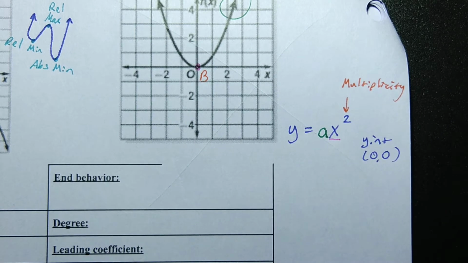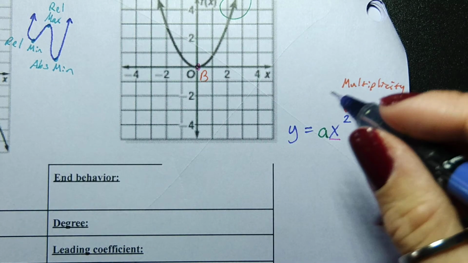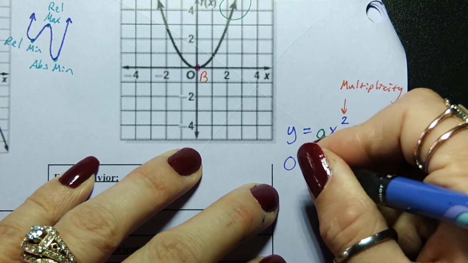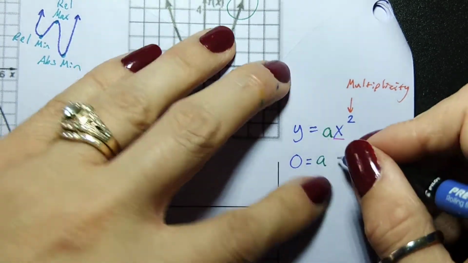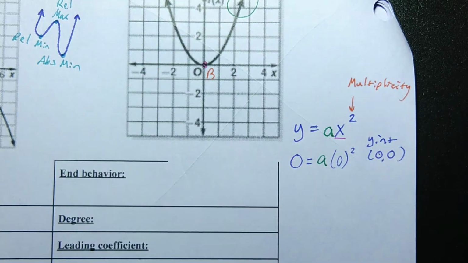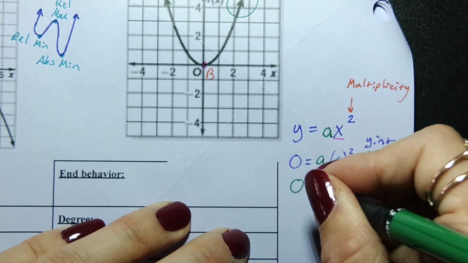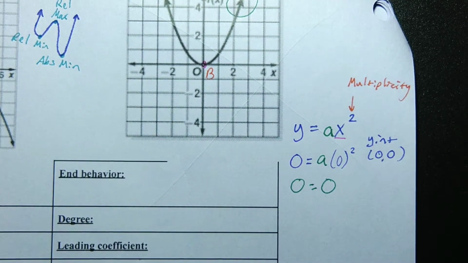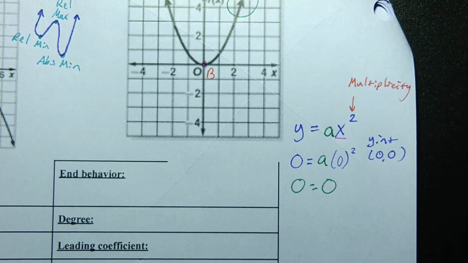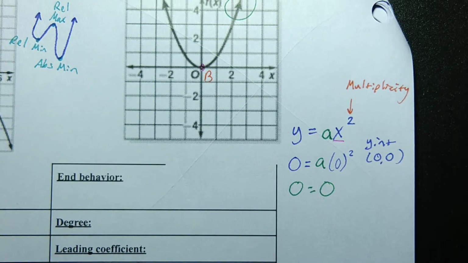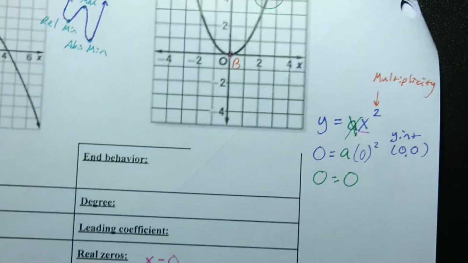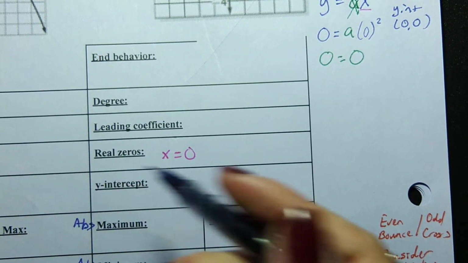So 0 equals a times 0 squared. And I guess we just get 0 equals 0, so not a super great problem to do. So the a value is gone. It's kind of insignificant. So we're just going to say that y equals x squared.